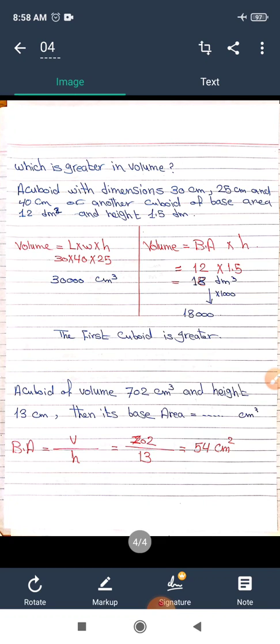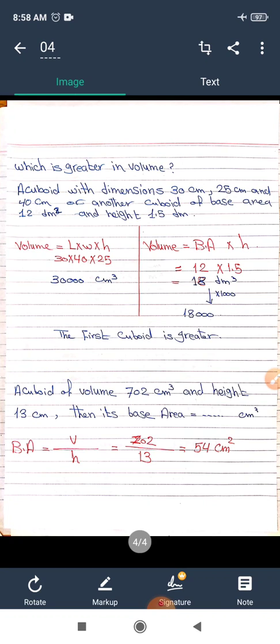Another question, which is greater in volume? A cuboid with dimensions 30 centimeters, 25 centimeters, and 40 centimeters, or another cuboid of base area 12 square decimeters and height 1.5 decimeters. Volume equals length times width times height. 30 times 40 times 25 equals 30,000 cubic centimeters.